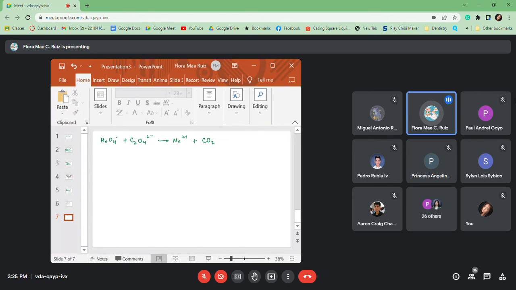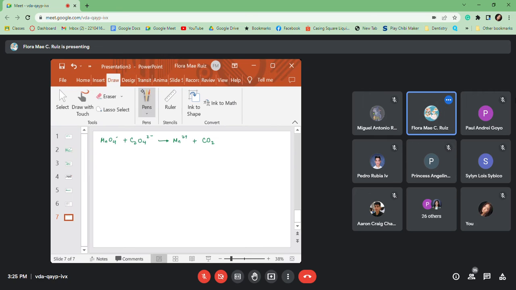So assigning oxidation numbers, again, oxygen has -2, so 4 times -2 is -8. So we have here a -1. So what will we add to -8 to get -1? Then that is plus 7.